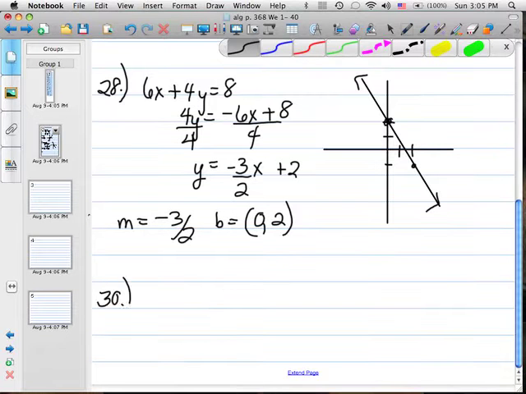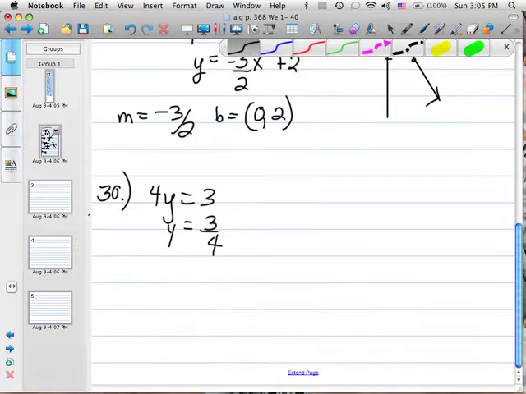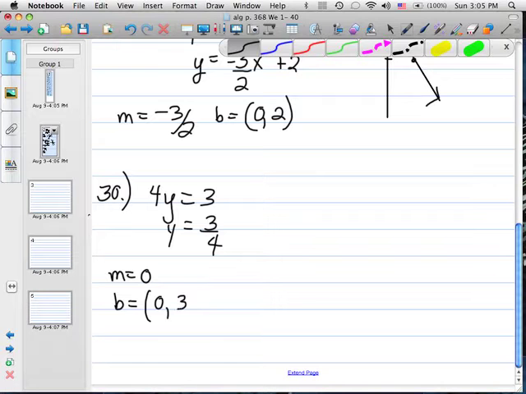Problem number 30. We have 4y equals 3. Solving for y, we get y equals 3/4. Since there's no x term, our slope must be 0. 0 times x is nothing. Okay, and our intercept is 0, 3/4.